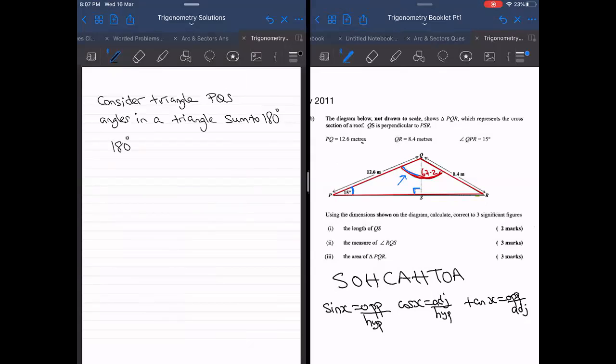So 180 degrees should be 15 plus the 90 plus what we're looking for. All right, so this is 105 plus x.